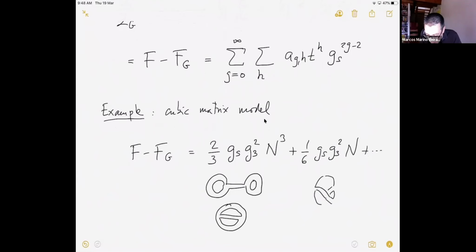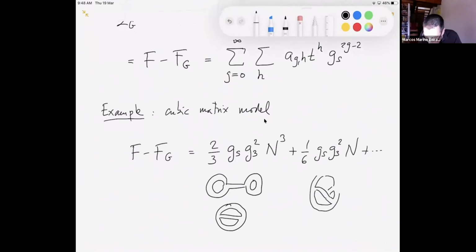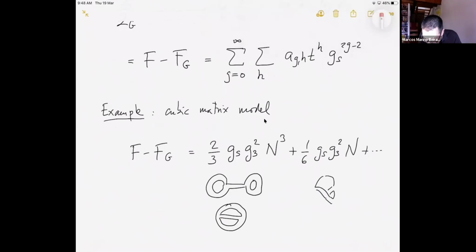Sorry, there is only one. Sorry, it's always tricky to draw this diagram in spite of years of experience. Okay, so this is the contribution of this diagram.